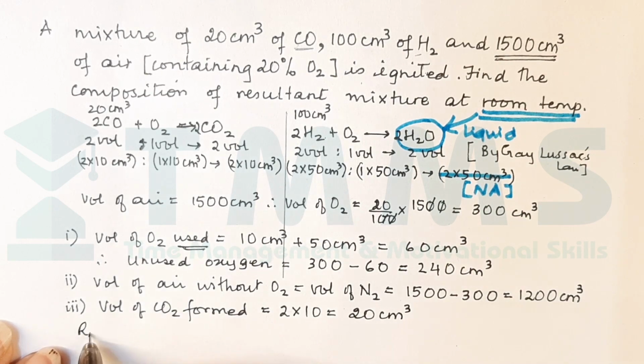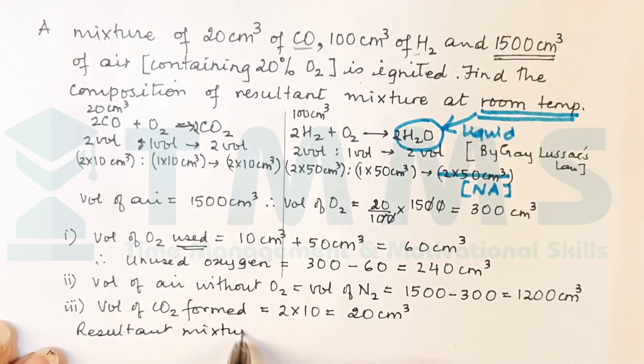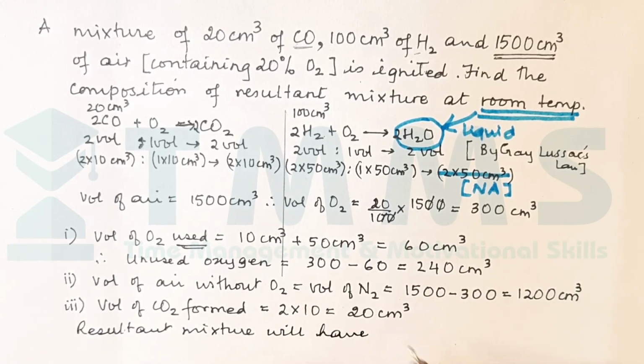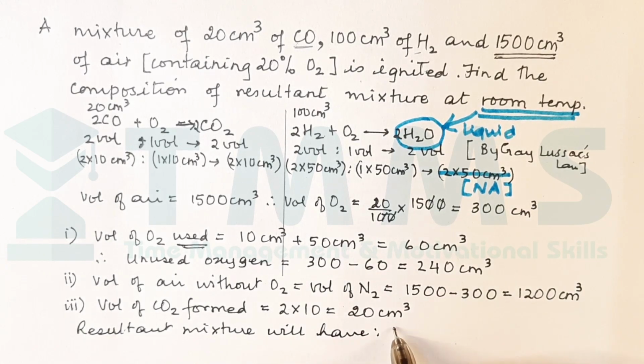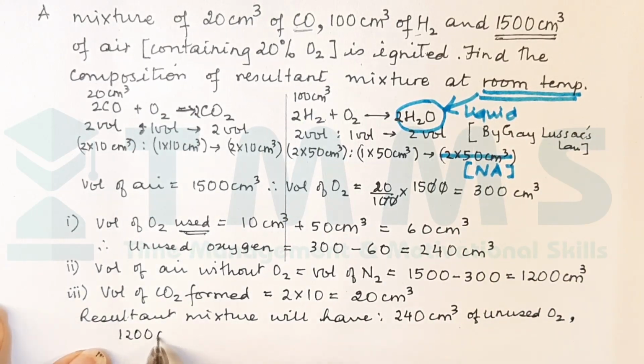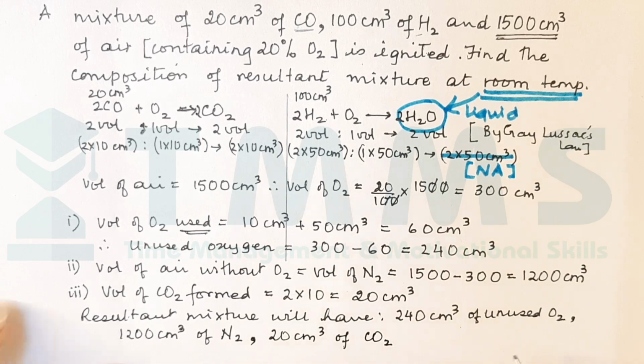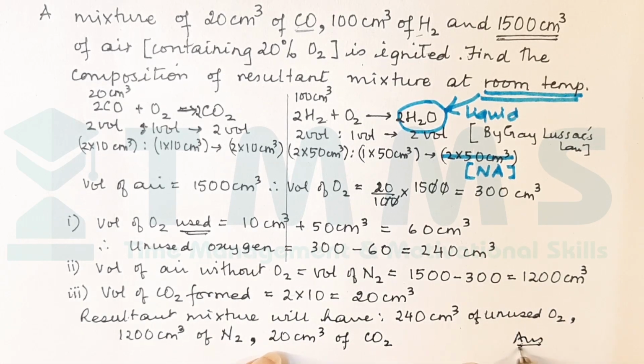And so the resultant mixture is going to be having, I'm writing, will have 240 centimeter cube of unused oxygen, 1200 centimeter cube of nitrogen, and 20 centimeter cube of carbon dioxide. And that is our answer.